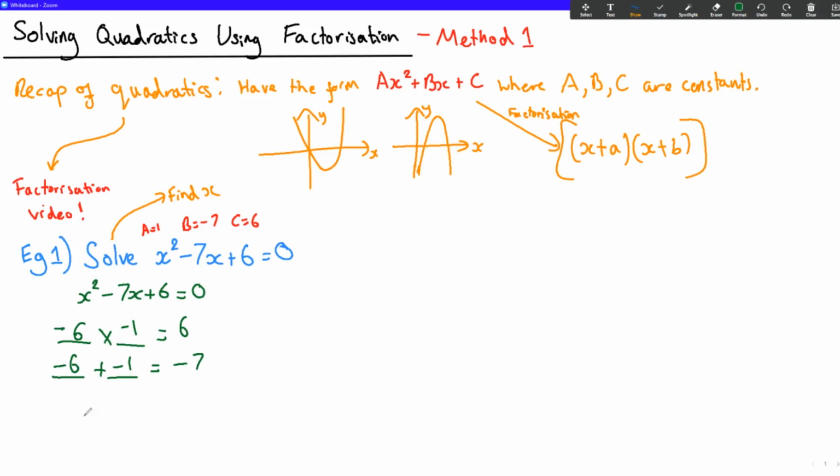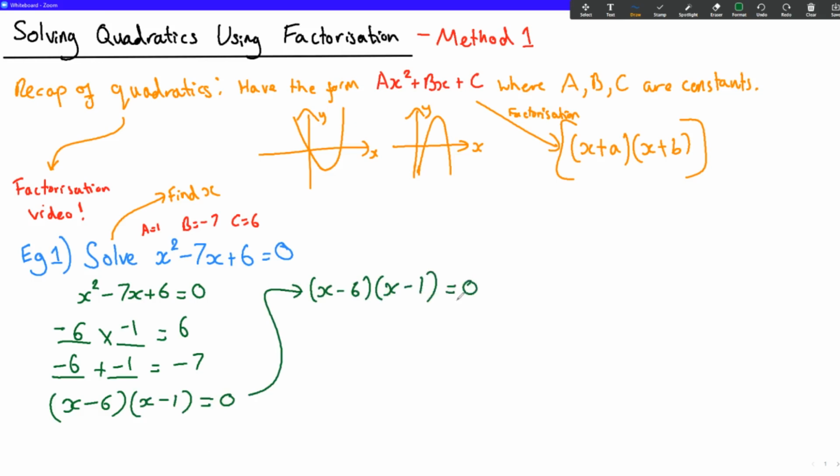Now that we know these, we can write it in our factorized form, like so. Okay, so now I'm just going to move this up here. And then from here, it's been pretty similar to what we were learning in the factorization video. So we've factorized it, and now we have this equal 0 here.